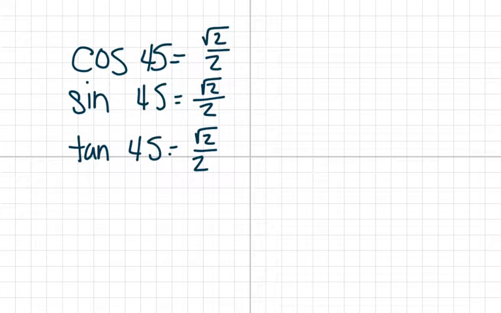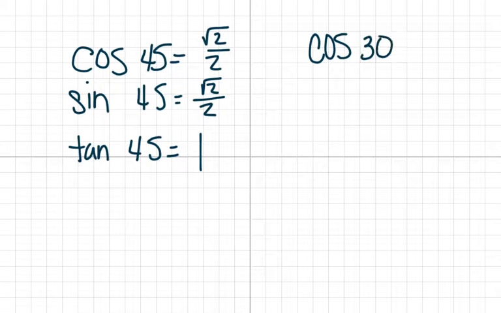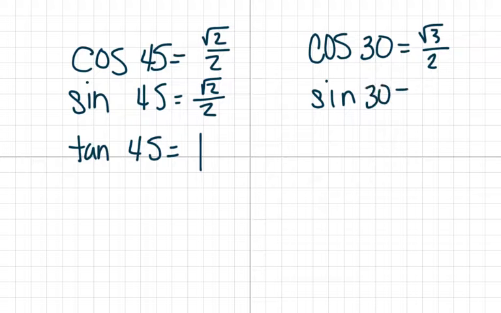So in summary, we've got that our cosine of 45 degrees is root 2 over 2, our sine of 45 degrees is root 2 over 2, and then our tangent of 45 degrees is 1. We've just discovered that our cosine of 30 degrees is root 3 over 2, and that our sine of 30 degrees is 1/2.